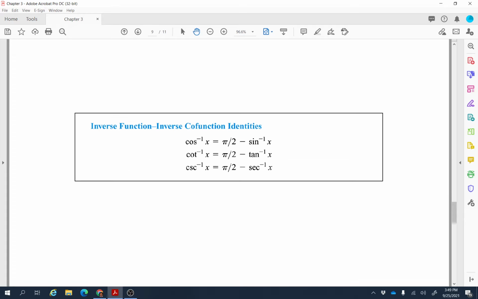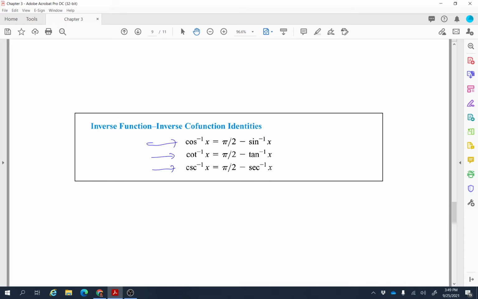Let's look at some of the relations, the co-function identities between cosine and sine inverse, cotangent and tan inverse, and cosecant inverse and secant inverse. As you can see, cosine inverse x can also be written as pi over 2 minus sine inverse of x. Cotangent inverse of x is equal to pi over 2 minus tan inverse of x.